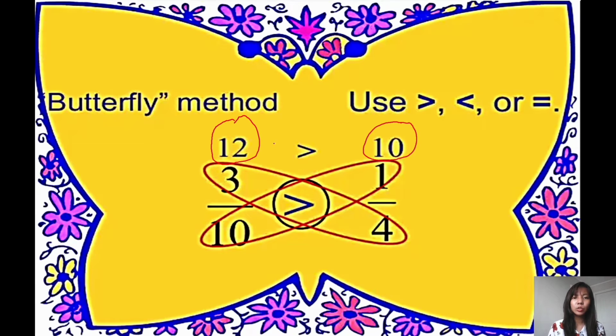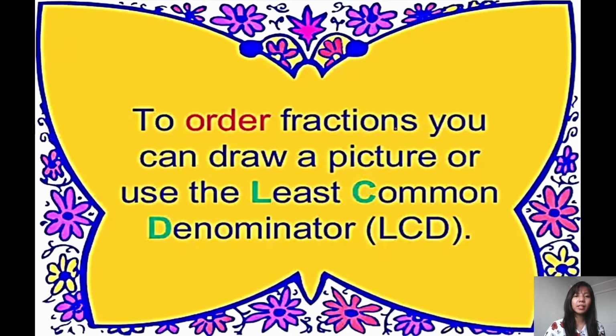So 12 is larger than 10, right? So it follows that 3/10 is larger than 1/4.